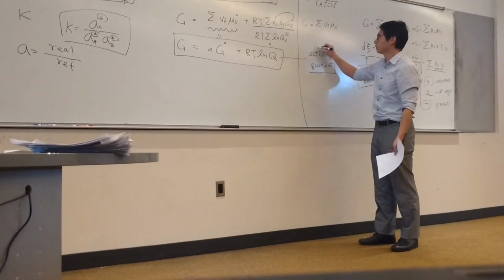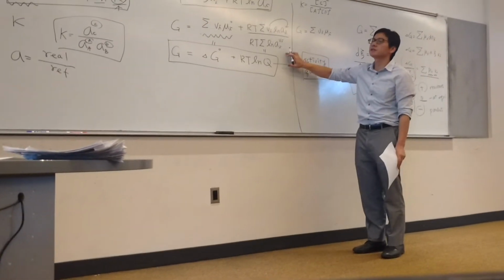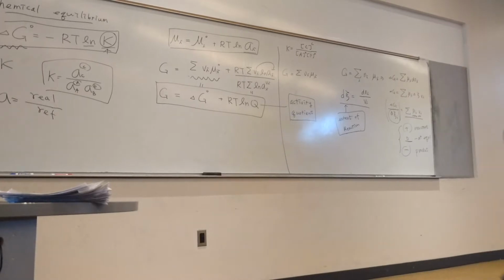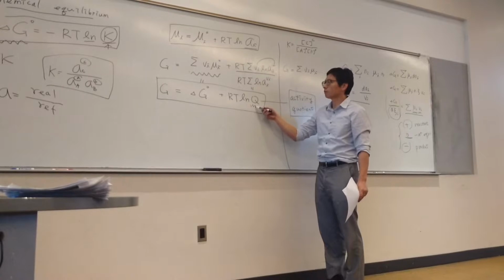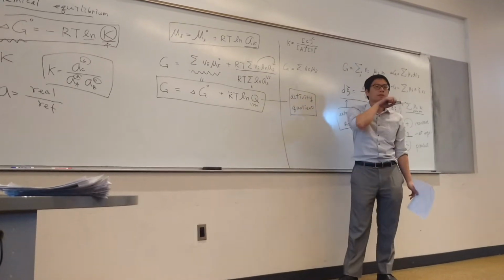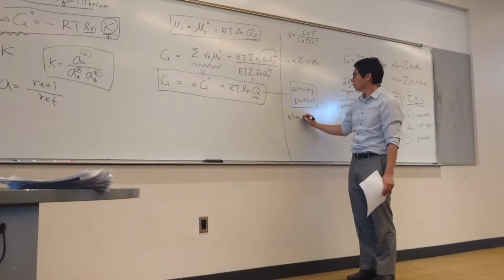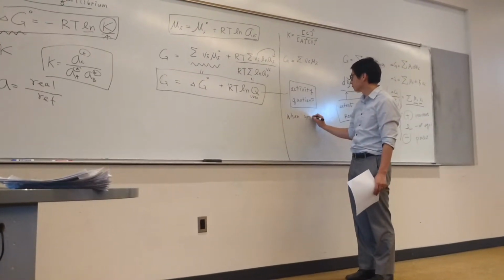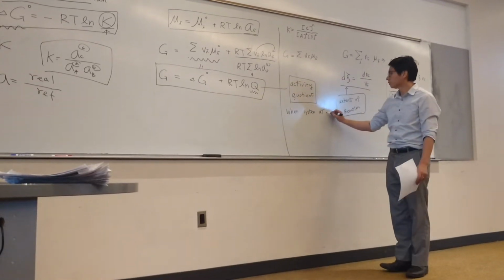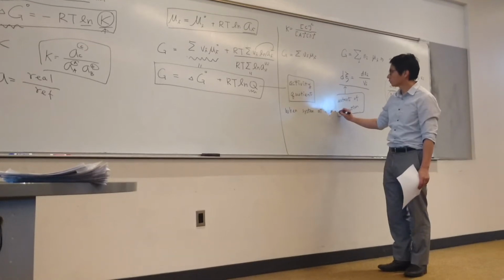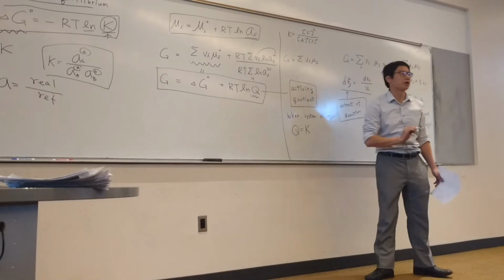What it means is, if you put in all the activities at any given state, you can calculate a number for Q. Only when your system reaches equilibrium, the Q is going to equal your equilibrium constant.